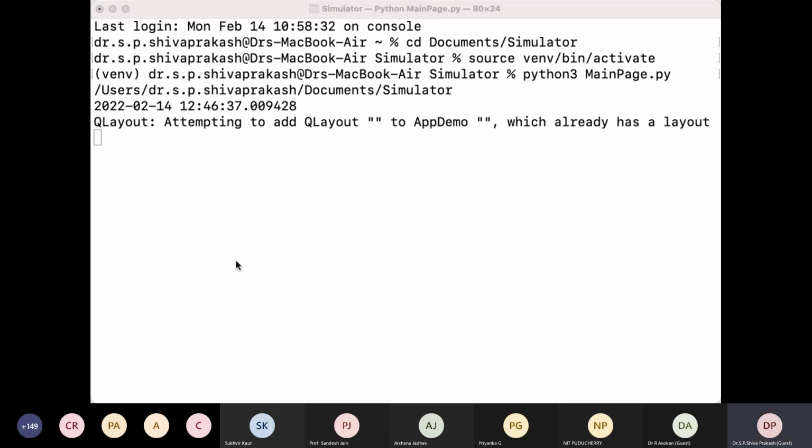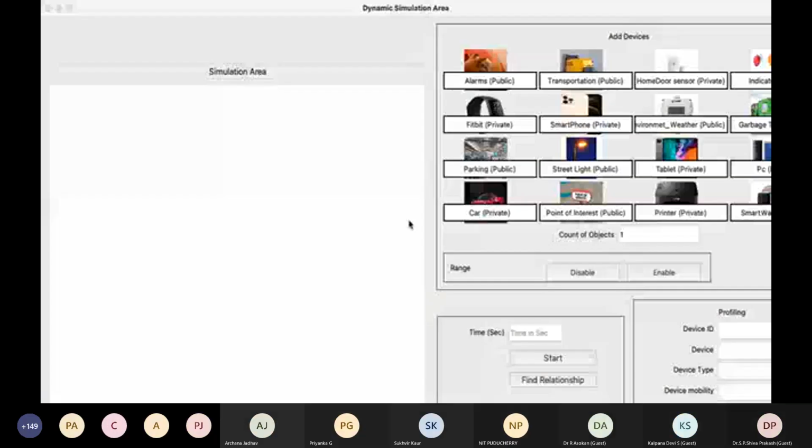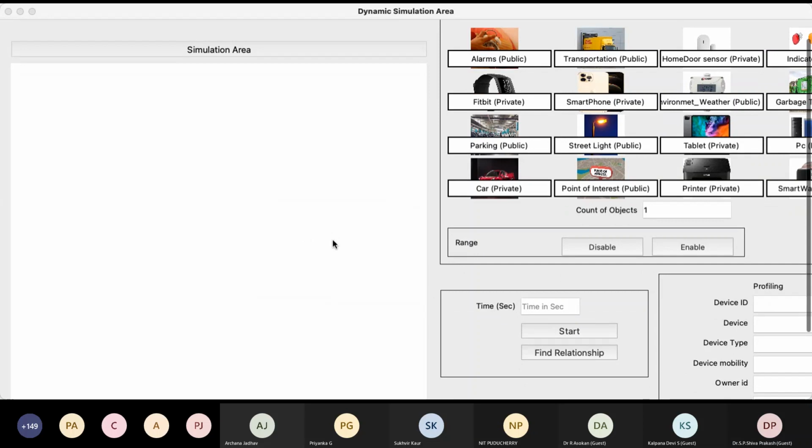Can you see the simulator? Hello. Sir, your screen is not visible, sir.